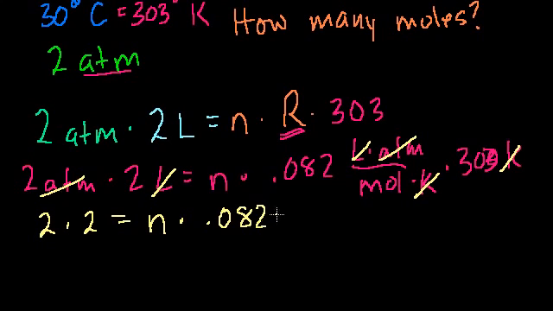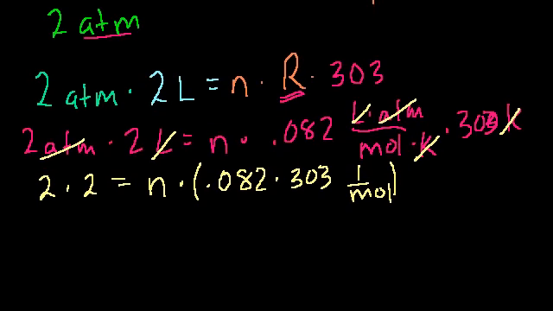And so we have 2 times 2 is equal to N times 0.082 times 303, and then we have just a 1 over mole. So to solve for N, or the number of moles, we divide both sides of this equation by all of this stuff.